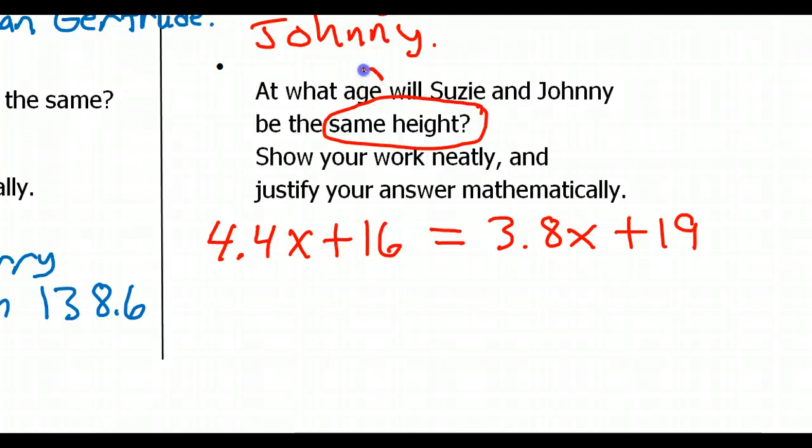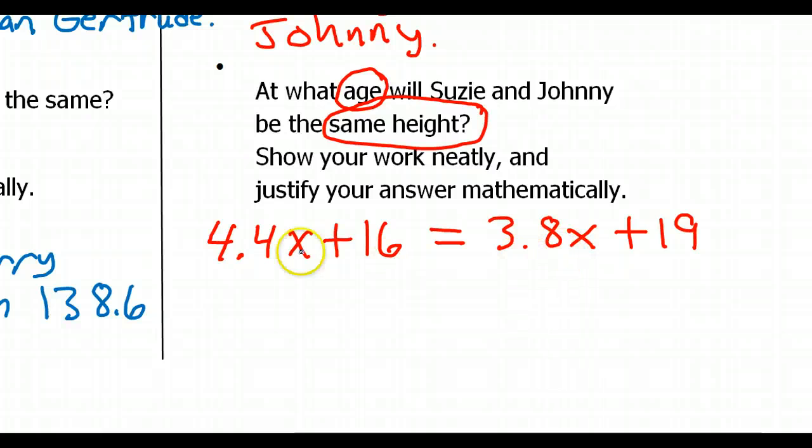In other words, x represents the age of both Johnny and Susie. They're twins, so they're both born on the same day. So this x, if we solve for it, should be the x that causes their heights to be the same. So all we really have to do is solve for x. So that's what we're going to do.